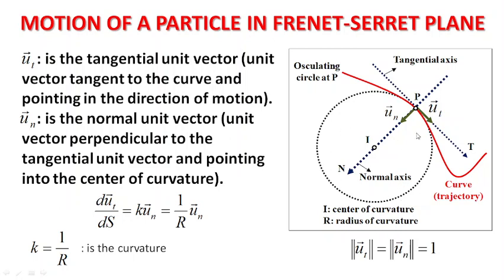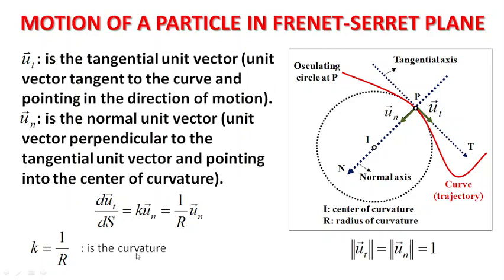This circle is the best approximation of the curve near P. The relation between ut and un is: the derivative of ut with respect to s equals k un, equals 1 over r un. K is called the curvature.